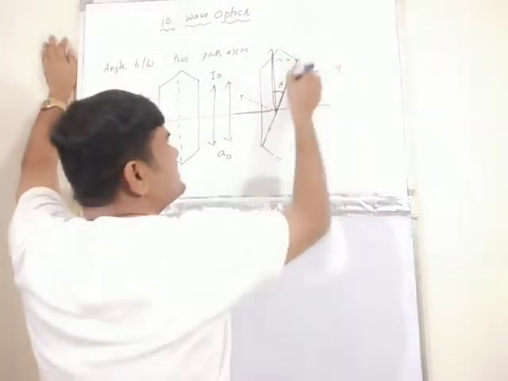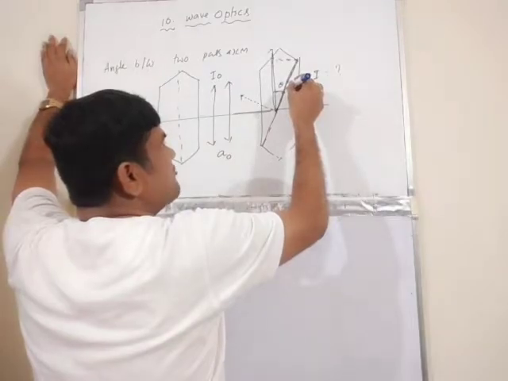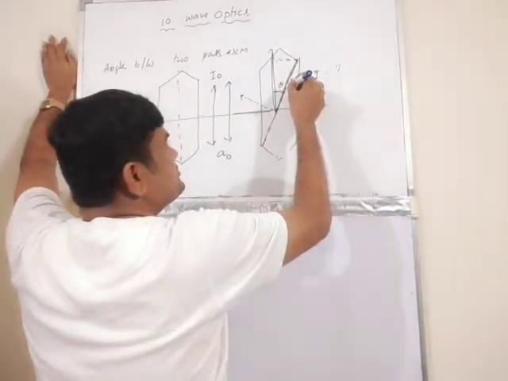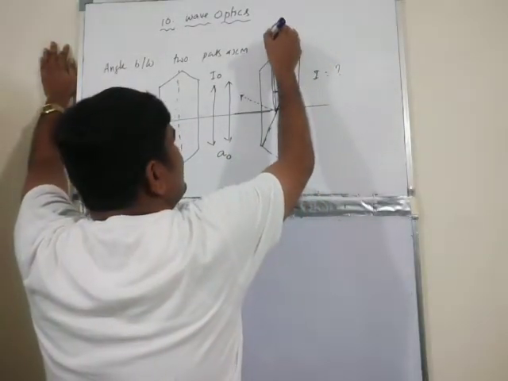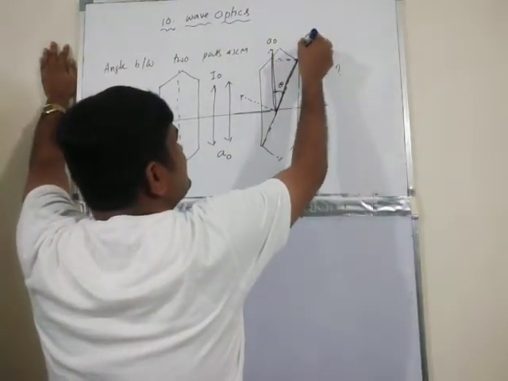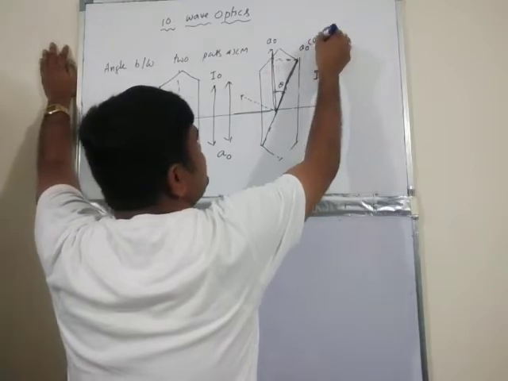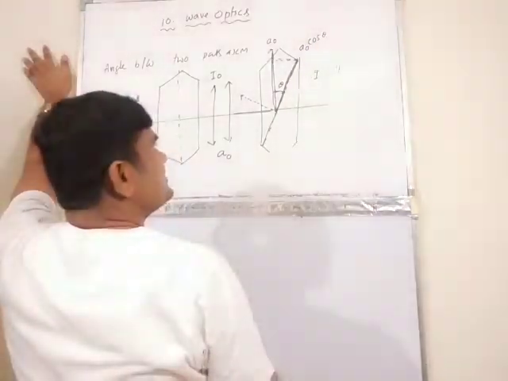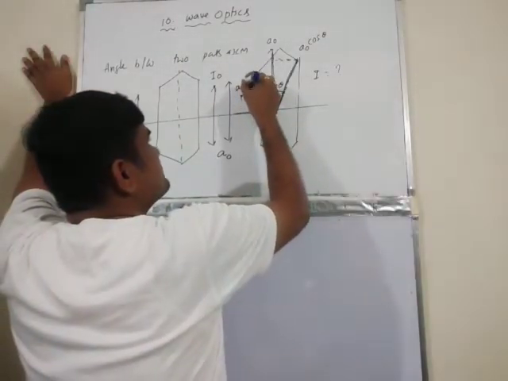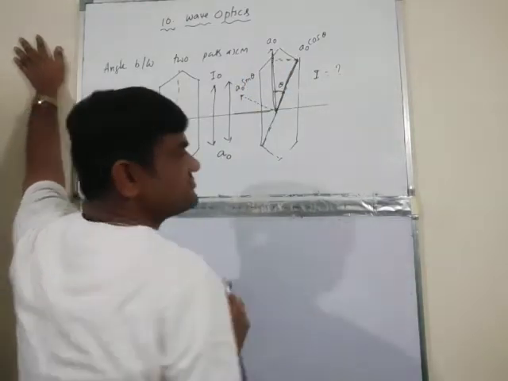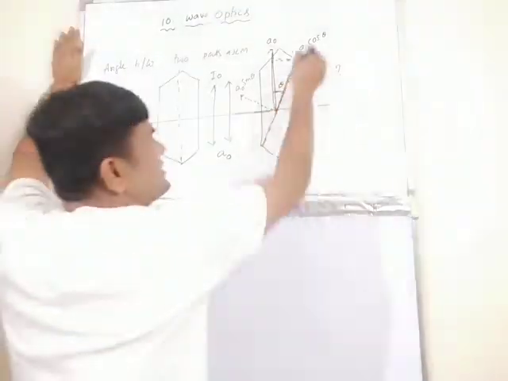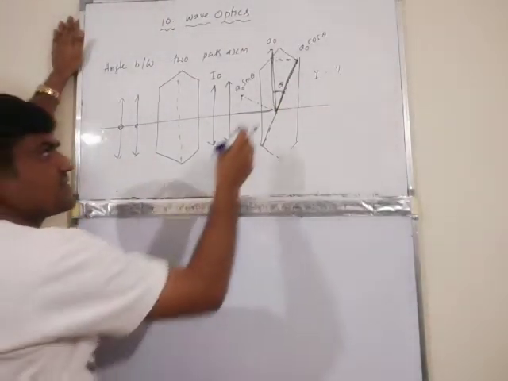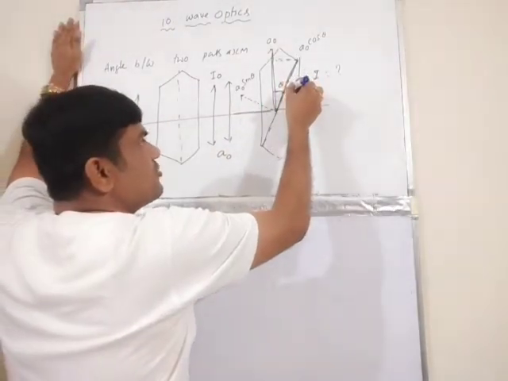In this direction, if I take the amplitude, so how much? If I take this as A naught, then this is A naught cos theta, and this is A naught sin theta. Therefore, in this direction, amplitude is equal to how much?